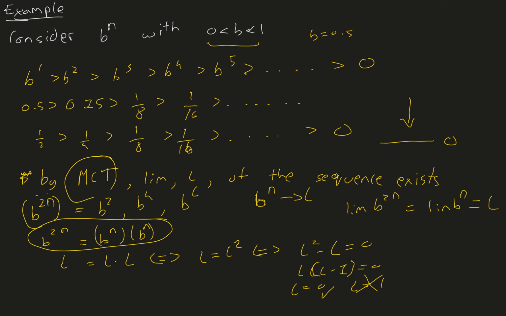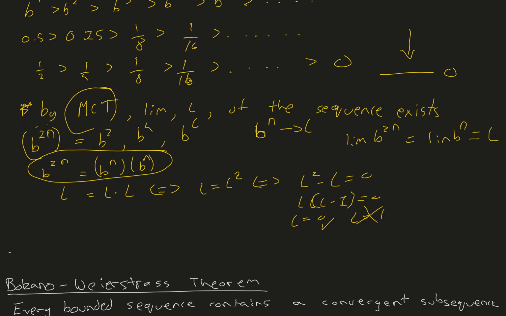You can use this lemma to show that whenever we have B^n with B between 0 and 1, the sequence always converges to 0, no matter the value of B, as long as it is between 0 and 1.